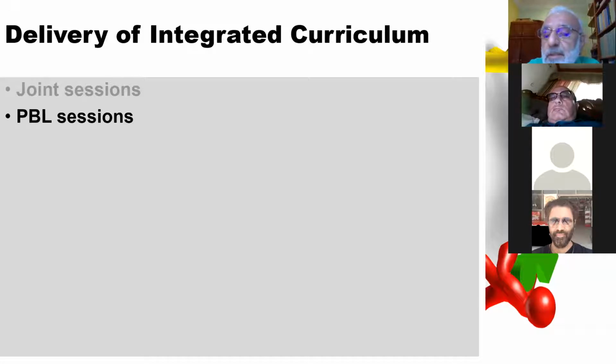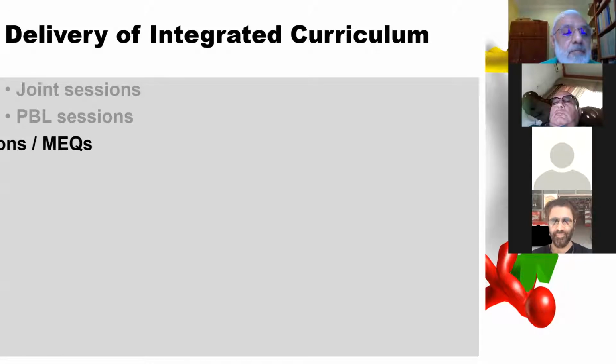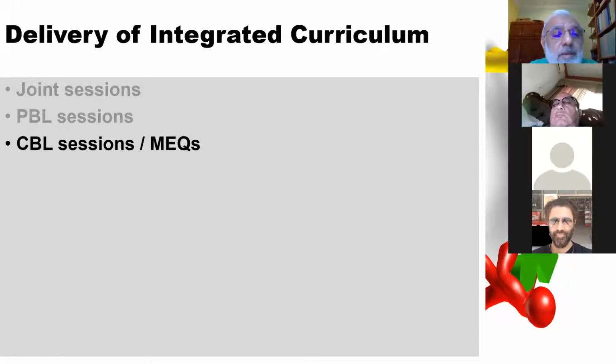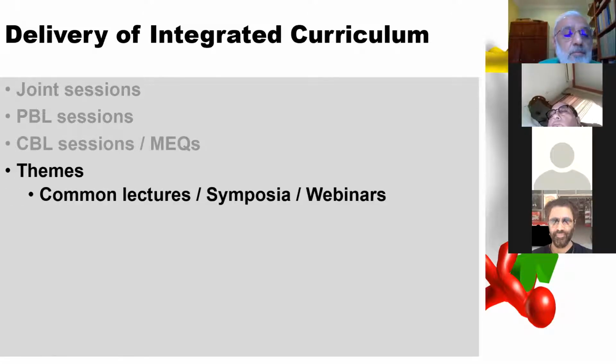PBL sessions, I think most of us are familiar with that, because in one PBL session, multiple disciplines contribute, so the integration is maintained. Case-based learning sessions, I'll give an example in a short while, and modified essay questions. They are two, in fact, very effective ways of implementing integrated curriculum and easy to teach also.